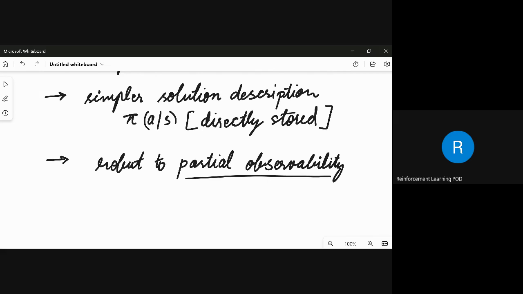So partial observability means you don't have access to all the features of a state. We have not seen this kind of situation so far in the course, but it is good to know that policy gradient methods are robust to partial observability.